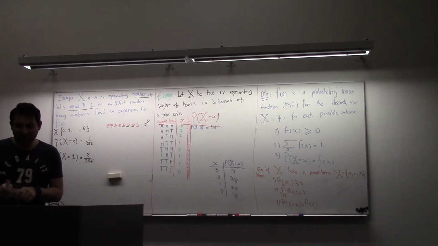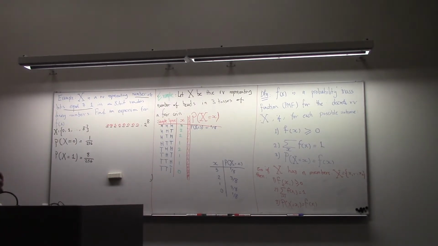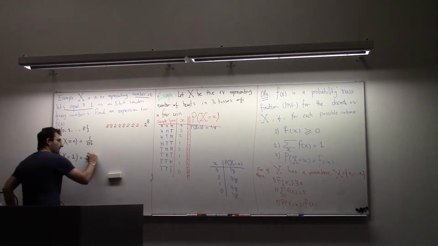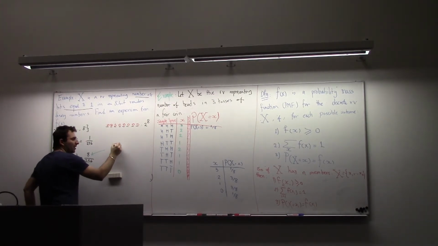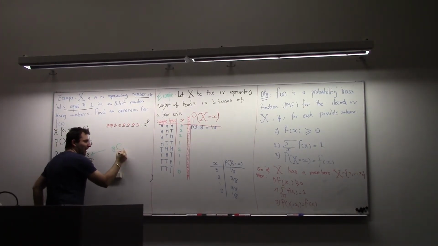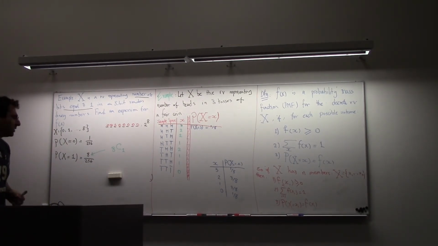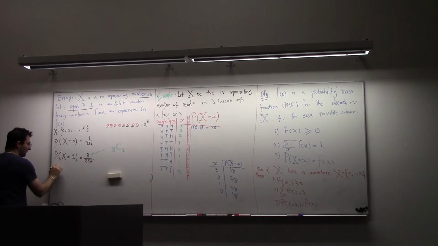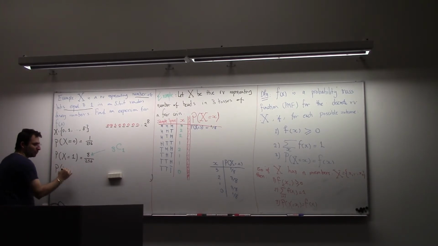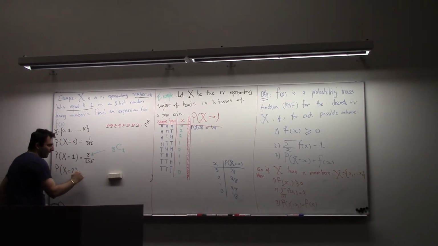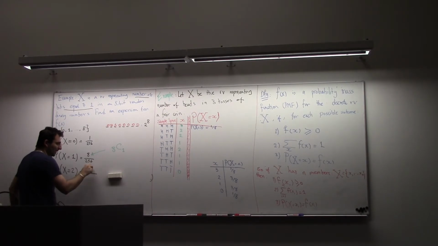Now, how does this 8 come about? I have the combination of 8 and 1, with only one position to be 1. So in other words, if I want the probability of x to be 2, I have to have the combination of 8 and 2 over 256.